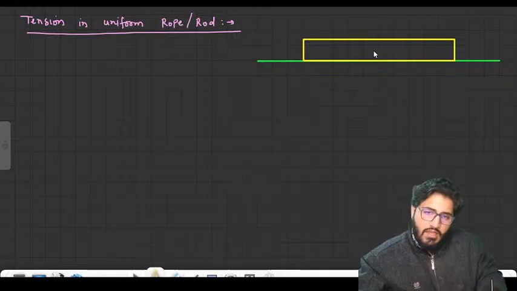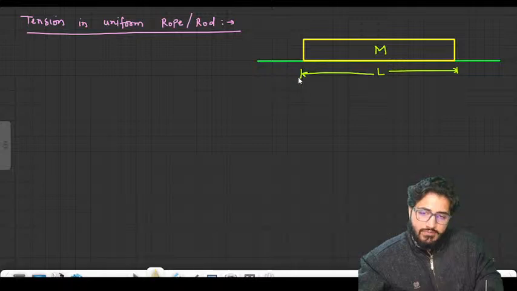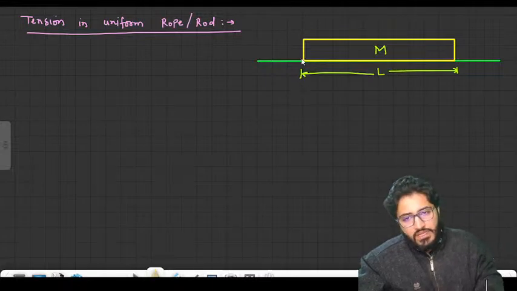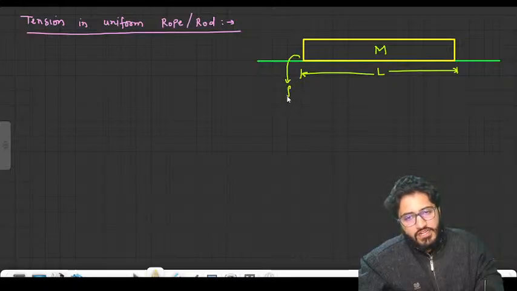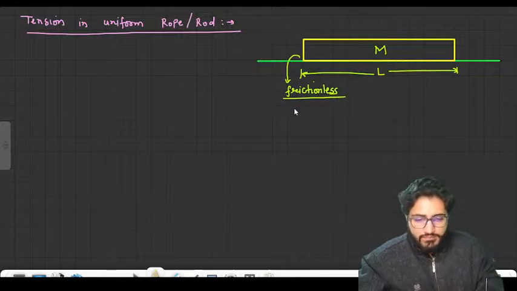Mass of this rod is M and length of this rod is L. Mass is M, length is L, and this surface is frictionless. Done.